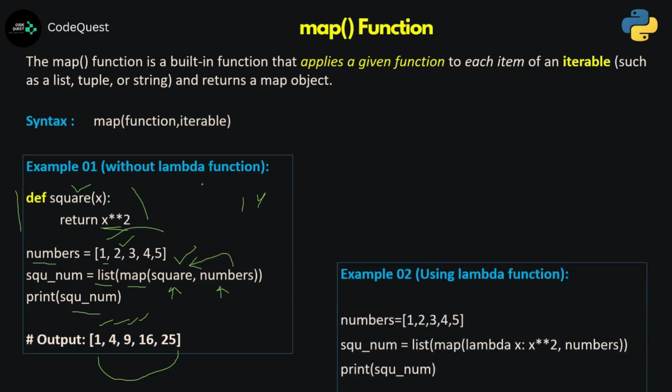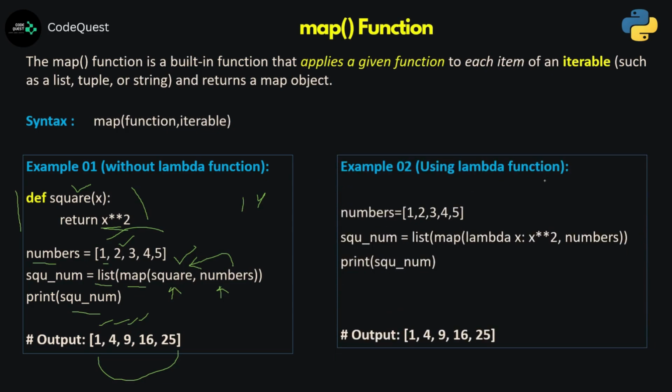Now let's see how things change if I take the lambda function here. Once again we have taken the list numbers holding the same set of elements we saw earlier. Here I am just calling map, and this is my lambda function. Lambda is the keyword, this is the argument, and this is the expression.